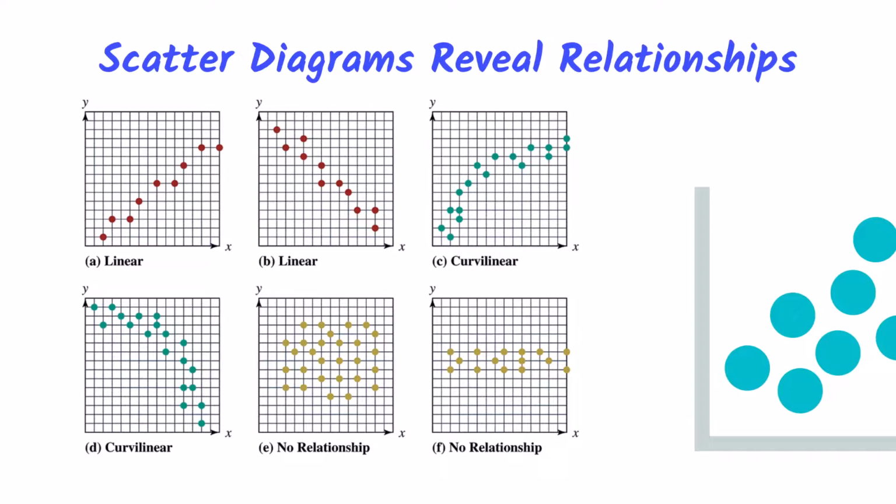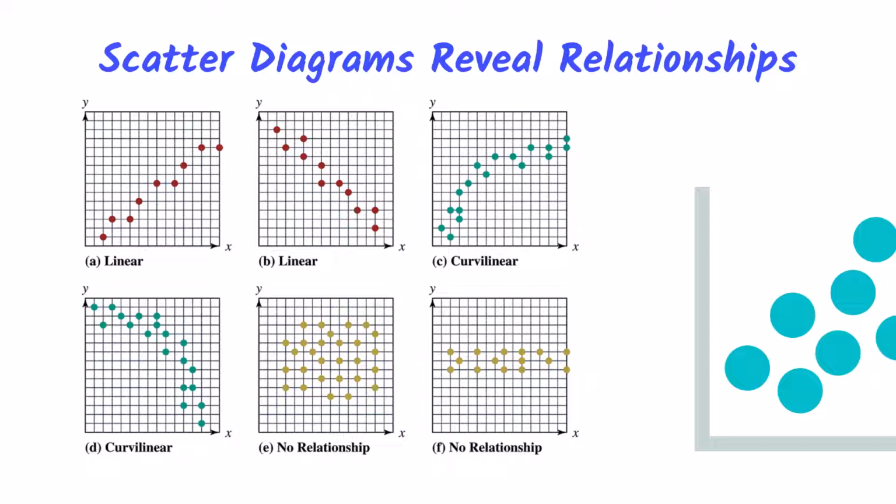So scatter plots help us see potential relationships between two quantitative variables. As you can see here in charts A and B, these are linear in that when I plot my X and Y data points, I can imagine a diagonal line that crosses right through them. In chart A, this is a positive linear relationship because as X increases, Y also increases.